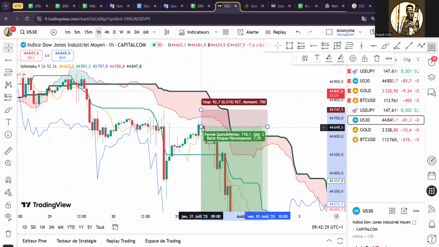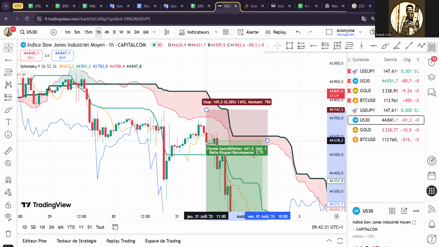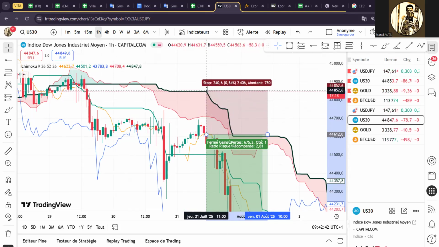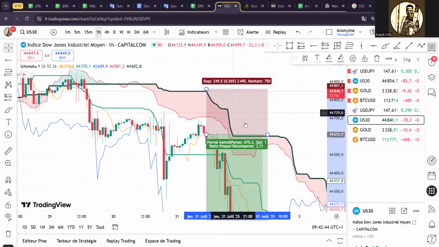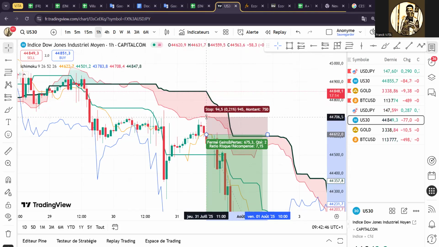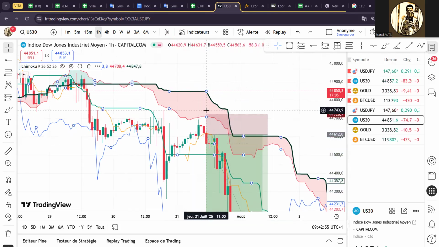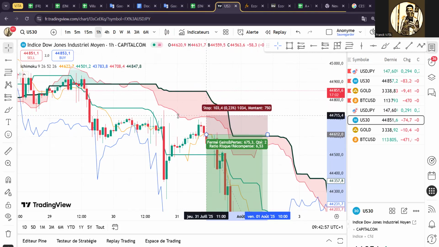Okay. But let us say now we change the entry. We take this candle below. If you take the stop loss here, when you change the entry, you have a risk reward of 4. But if you take a stop loss on SSB, you have a risk reward of 2. If you take a stop loss on SSA instead, you have a risk reward of 6. Okay. But SSA will be lower than the V stop, right? Yeah. You have a risk reward of 6.